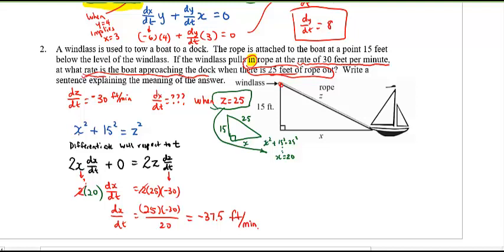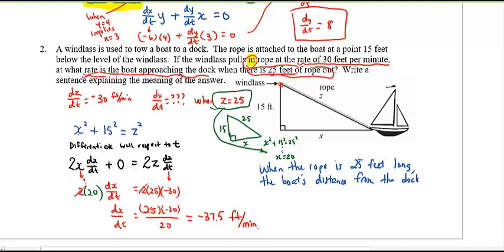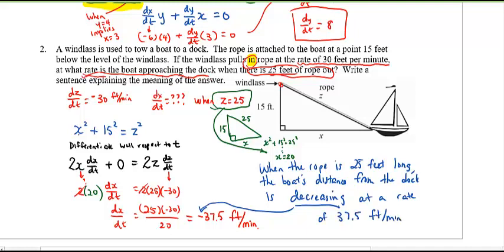So in this case, I'm going to write a little blurb, and I'm going to say something like this. When the rope is 25 feet long, the boat's distance, and I'll say from the dock, and I'll reference that negative to this word, is decreasing at a rate of 37.5 feet per minute.